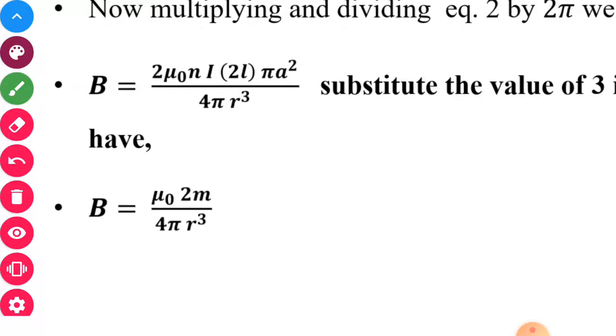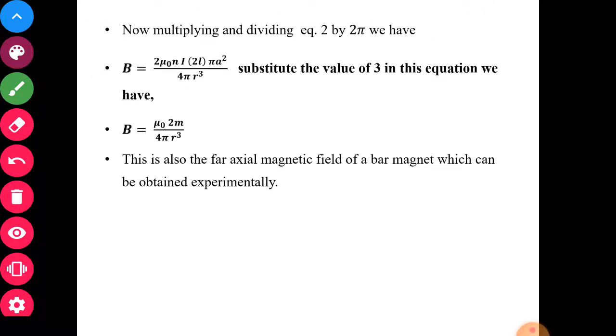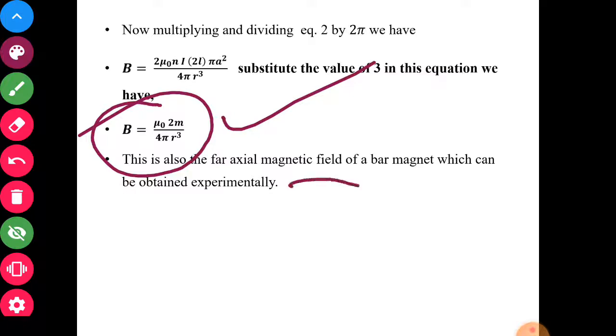You can easily understand this. Now this is also the far axial magnetic field of a bar magnet. This is the magnetic field similar to that of the bar magnet, which is obtained experimentally. So the magnetic field of solenoid and magnetic field of bar magnet, which is found from the experiment, is the same.